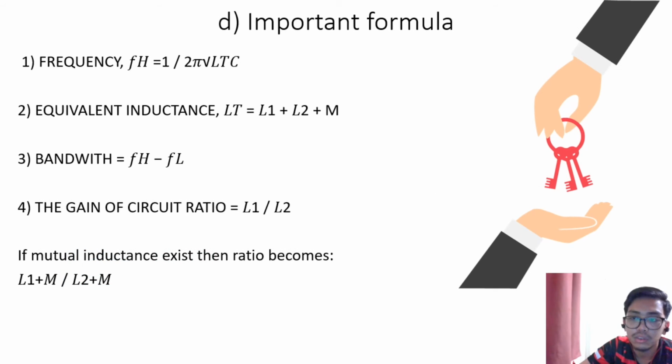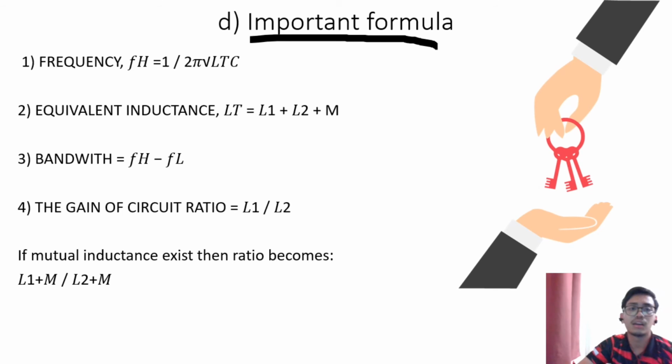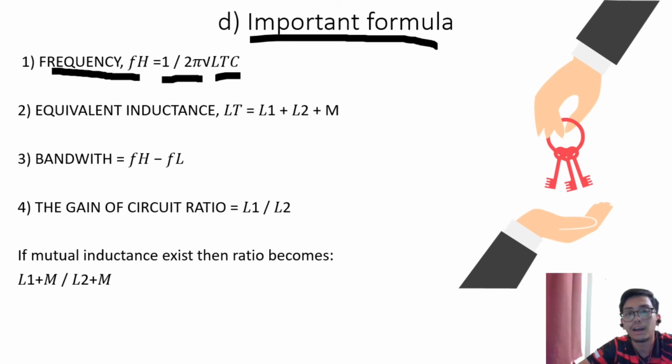Now I will explain all about the important formulas for the Hartley oscillator. The first important formula is the frequency. To find the frequency for the Hartley oscillator, we use the formula 1 divided by 2 pi times the square root of LT times C. What is LT? LT is the equivalent or total inductance value for this oscillator.